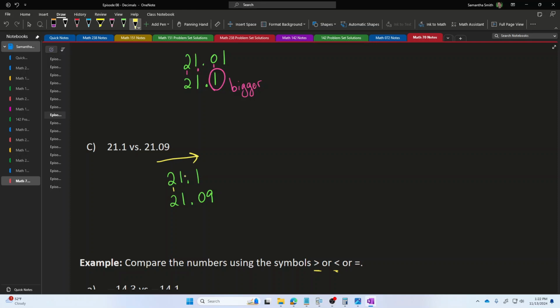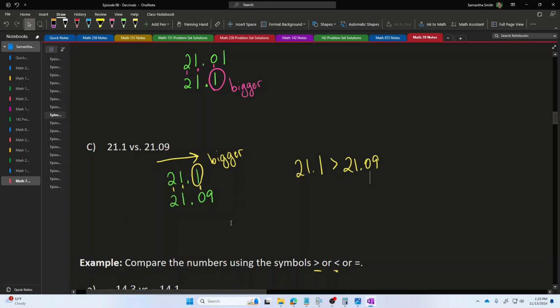The 2's match up, the 1's match up, but in the tenths place, the digit 1 is higher than the digit 0. And as a result, because I had a bigger digit in the tenths place, 21.1 would be the larger number overall. Because even though this 9 is a really big digit, that 9 is further to the right than the 1 is. And the numbers that are further to the right have less weight and less impact than the numbers that are further to the left.